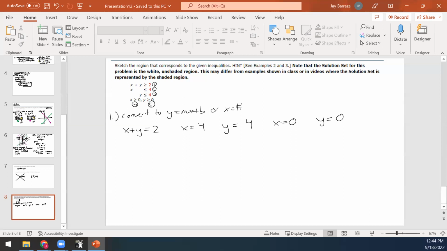In reality, there's only one equation I have to change, and that's y equals negative x plus 2. Remember, x equals number is a vertical line, and y equals number is a horizontal line.